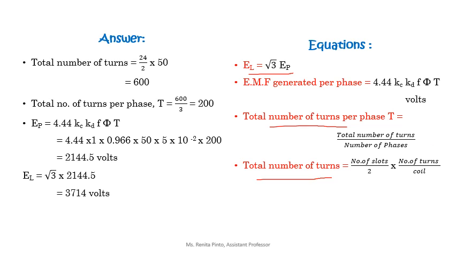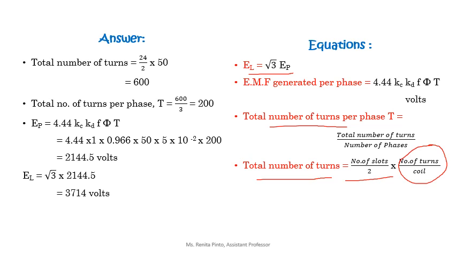The number of turns per coil is directly given in your problem. So you have to calculate the number of slots by 2. Number of slots is given, so you can directly substitute and get the total number of turns. This is how you are going to solve the problem.